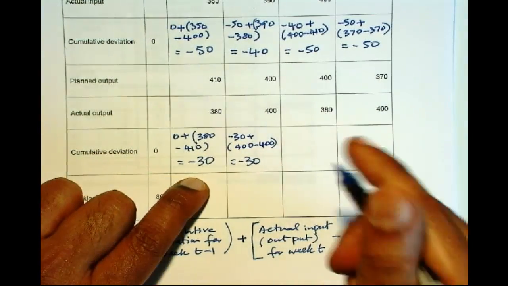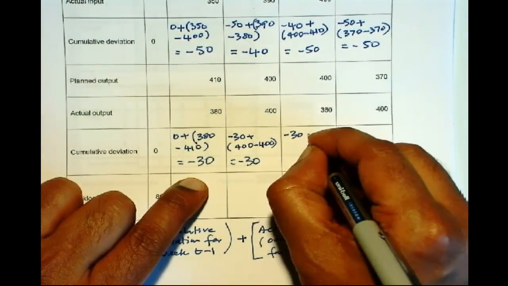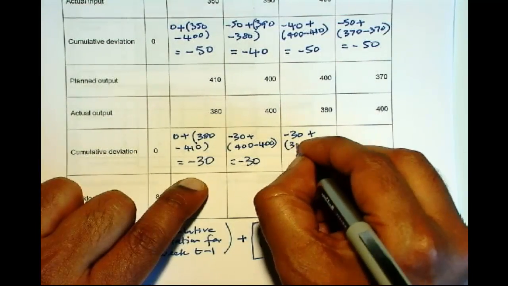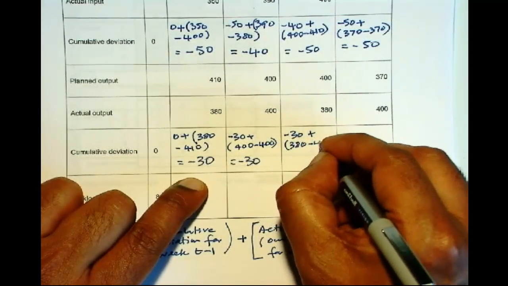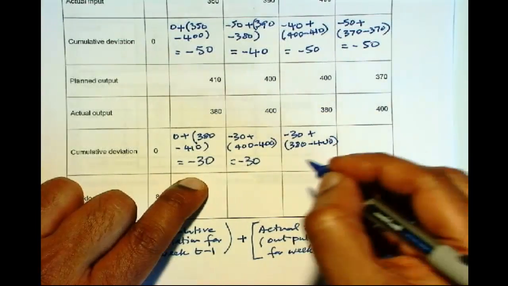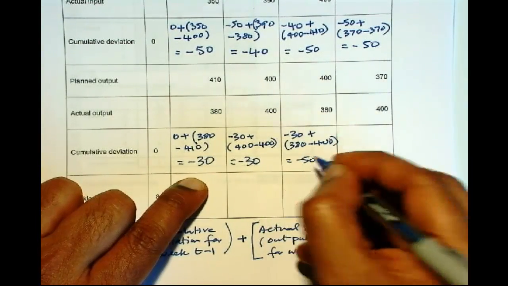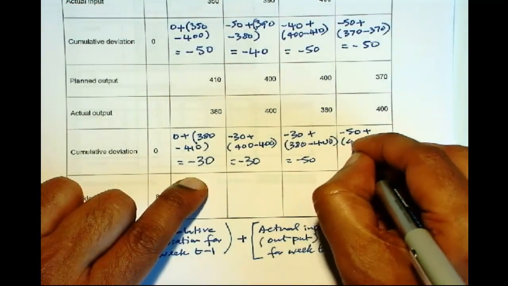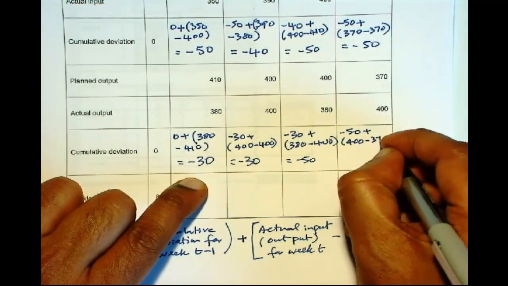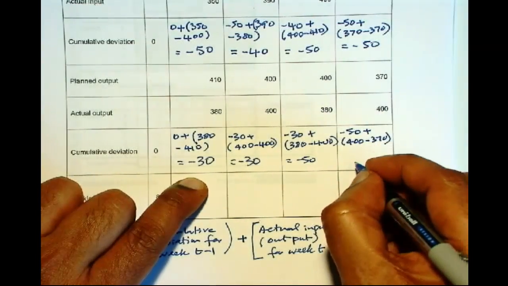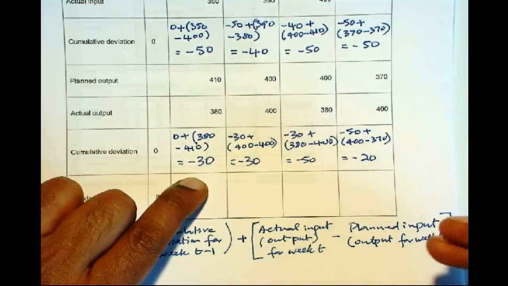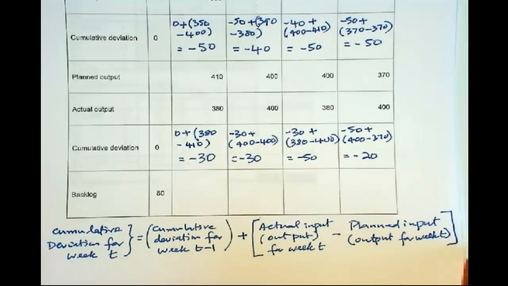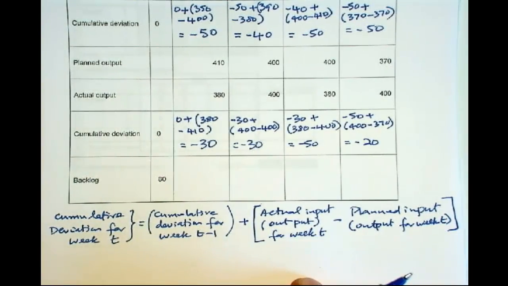And then minus 30 plus 380 minus 400 will give you minus 50. Minus 50 plus 400 minus 370 gives you minus 20. So now let's look at backlog.